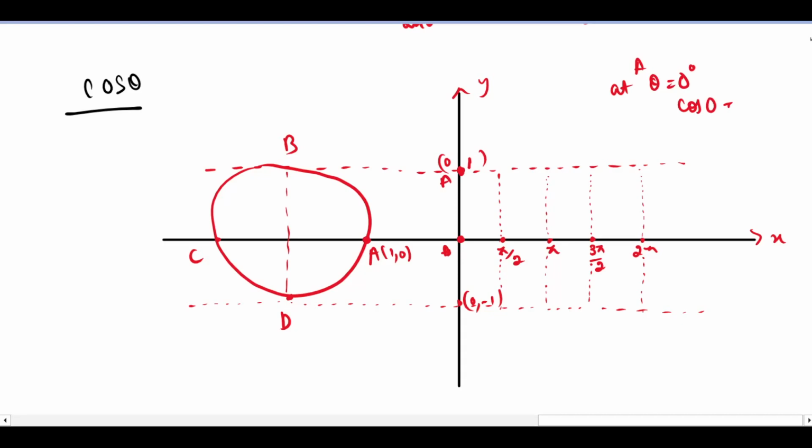So this is point A. From A to B, value of cos decreases from 1 to 0. So this is the plot. Then at theta equal to pi, cos theta is -1. So from B to C, value of cos theta increases from 0 to -1.